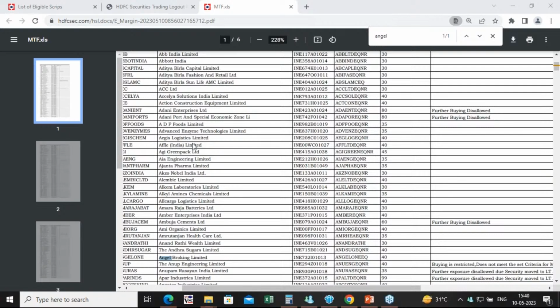This e-margin is settled on T plus 1 day. After T plus 1 day, on a daily basis, we will charge you 0.05 rupees interest on the fund which we are providing. Means we charge interest on that 75,000, not on that 25,000, because that 25,000 is your money, not ours. We only provide you 75,000, and we will charge on that.